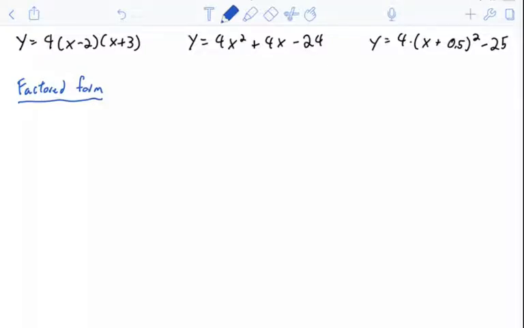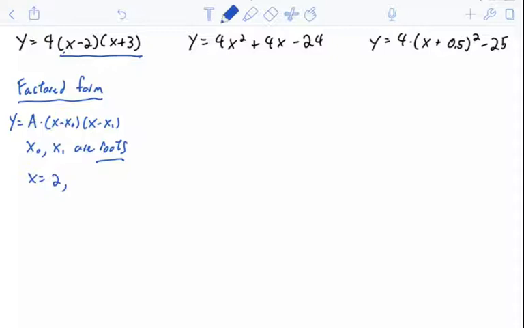The general form of a factored form polynomial is a times x minus x0 times x minus x1, where x0 and x1 are the roots. So if I look at this expression, I can tell from this that x is equal to 2 and x is equal to minus 3 are the roots of the polynomial. Okay?